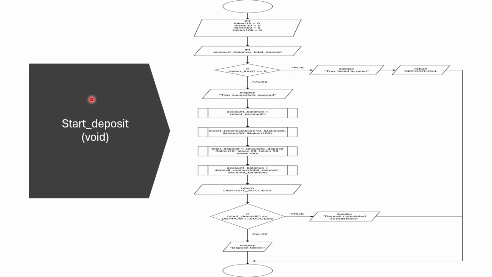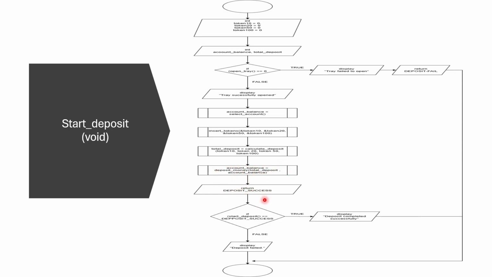So lastly is the start deposit function. We will initialize all tokens with 0 and initialize account balance and total deposit. If tray is equal to 0, if true, display tray fail to open and return deposit fail. If the condition is false, display tray successfully open, and it will go to the functions account balance, insert token, total deposit, account balance, and it will return deposit success.